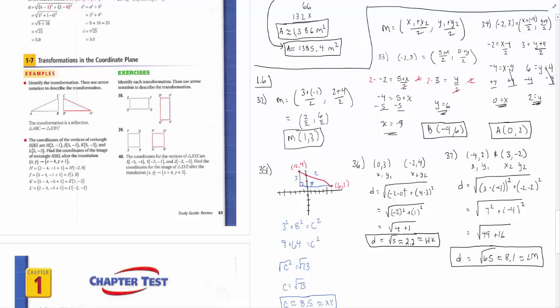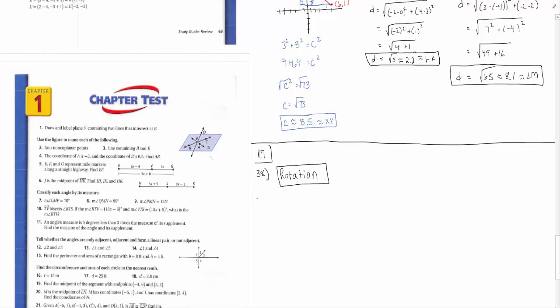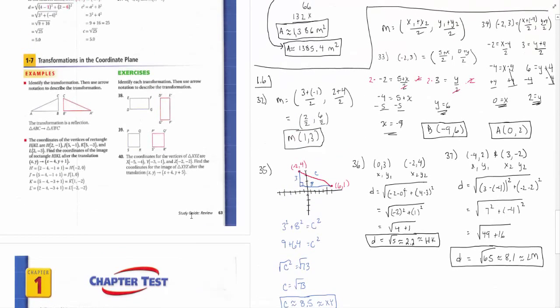So 39 is a translation. So in this case, we again are just moving this from here to there. Okay, so just draw the arrow to kind of describe that.